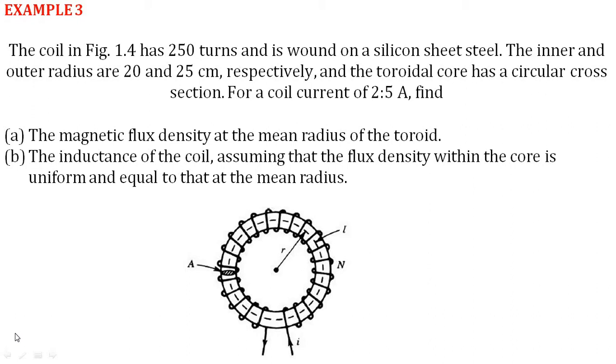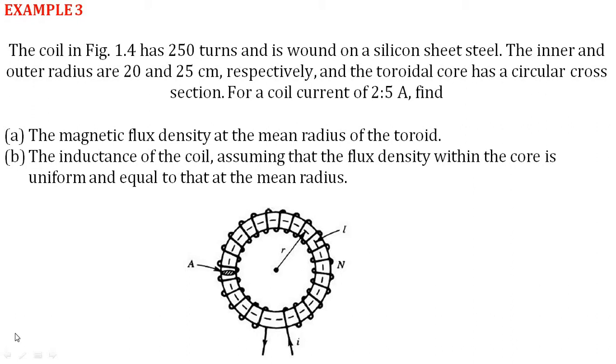Example 3. The coil in figure 1.4 has 250 turns and is wound on a silicon sheet steel toroid. The inner and outer radii are 20 and 25 centimeters respectively, and the toroid core has a circular cross section.